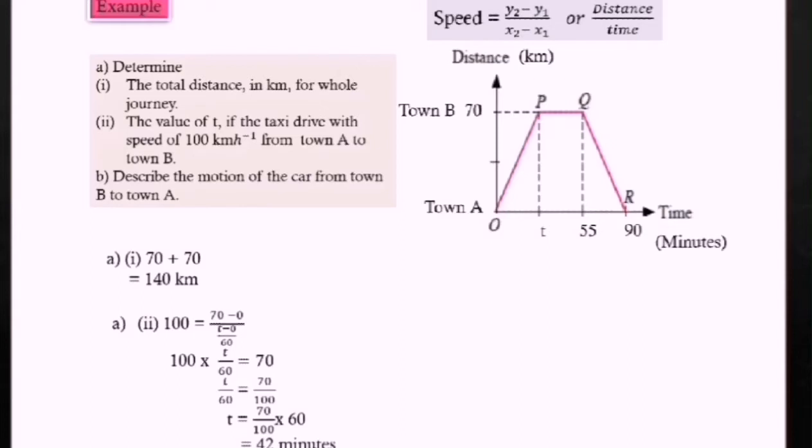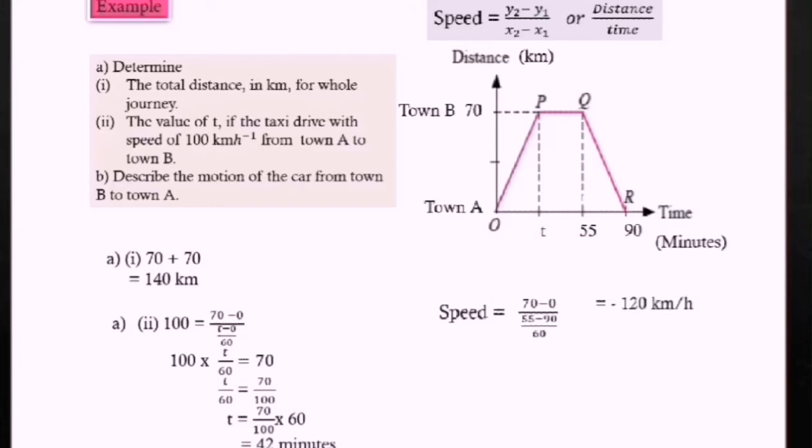B. Describe the motion of the car from town B to town A. Before we describe the motion, we need to find the speed from town B to town A. So how to find the speed? 70 minus 0 divided by 90 minus 55. Don't forget, divided by 60 because change the unit from minutes to hour.